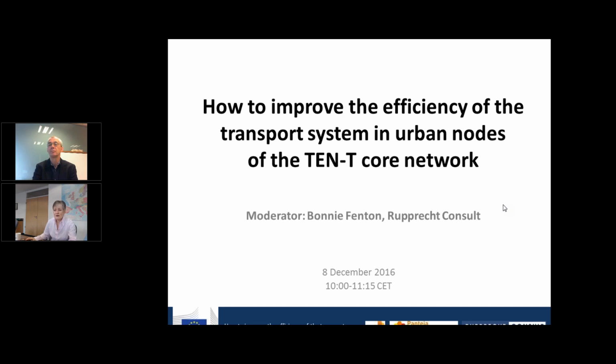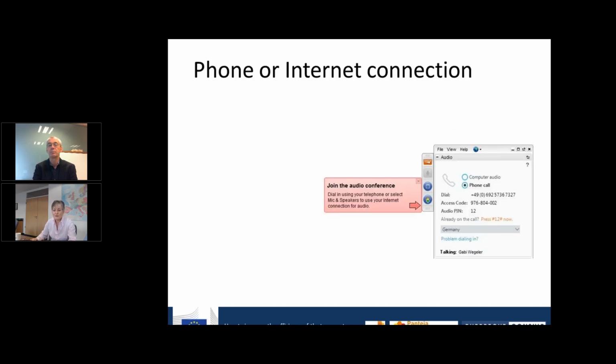I would like to start by giving you a few tips on what you need to know with regard to participation in the webinar itself. The first thing is with regard to your phone or internet connection. If you're working over your computer through the internet, that's completely fine. There are no issues.